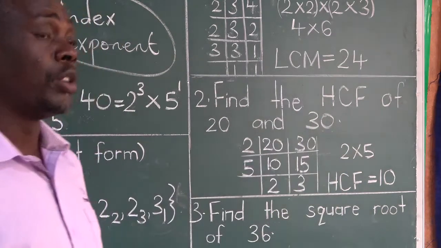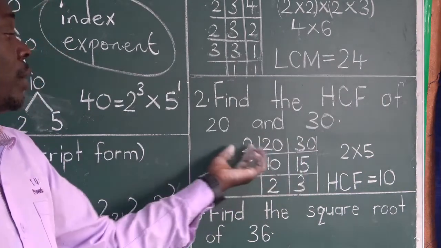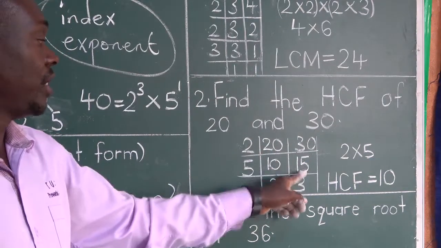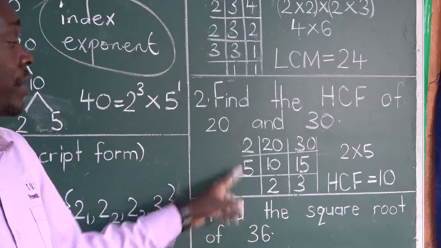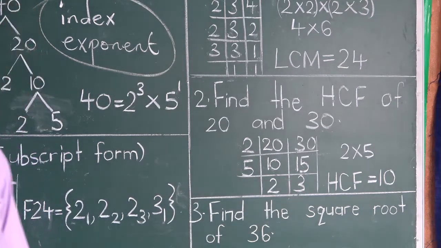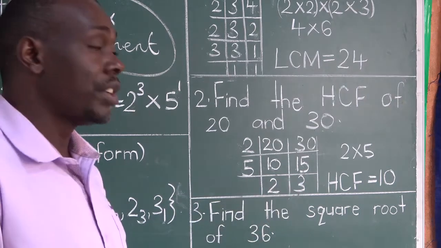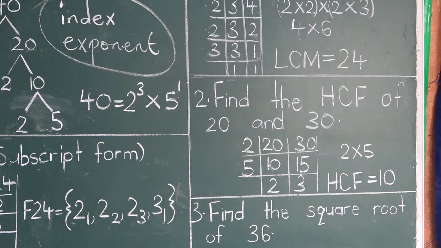The number divides both. So 2 divides both 20 and 30. That's why we used it here. That's 10 and 15. Then 10 and 15 are both divisible by 5. That's why 5 is used here. You get 2 times in 10 and 3 times in 15. And now there is no other common divisor, meaning you have finished your ladder for finding the HCF.